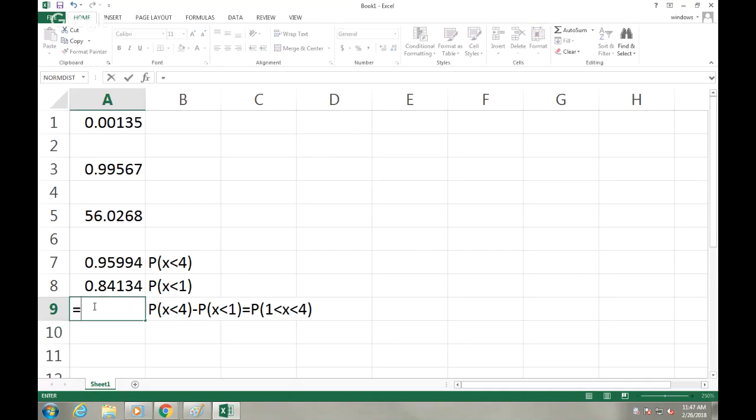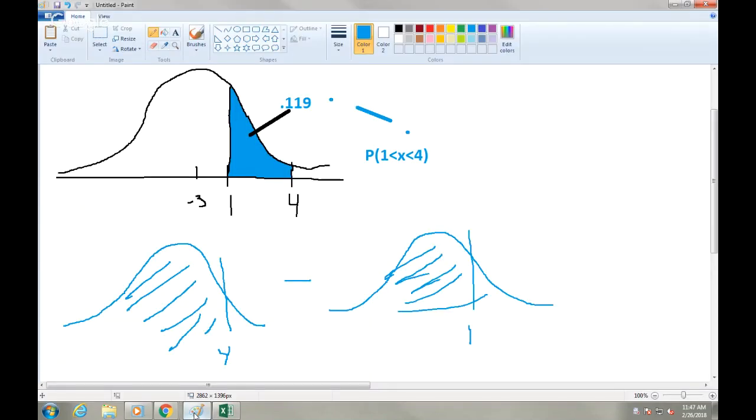I'm going to go equals this guy minus this guy. And there I get that 0.1186. I believe we rounded to 0.119 back here. Yeah.